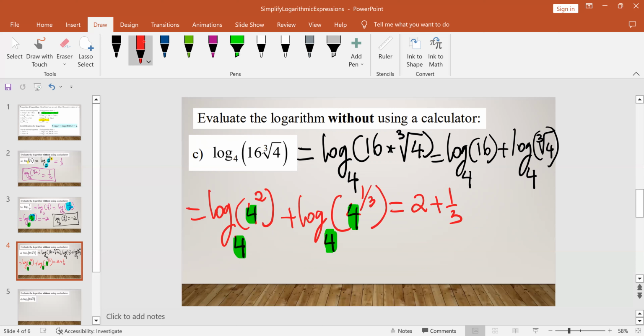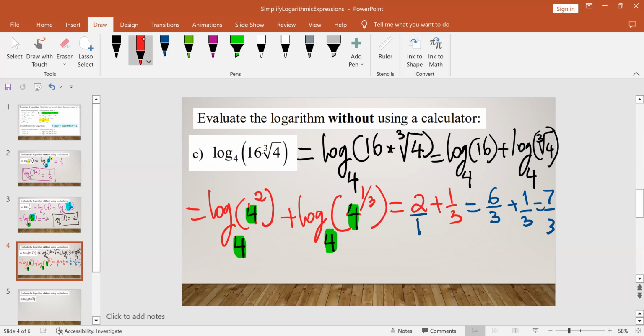Do you know that 2 is the same as 2 over 1? So this is the same as 6 over 3 plus 1 over 3, which is 7 over 3.